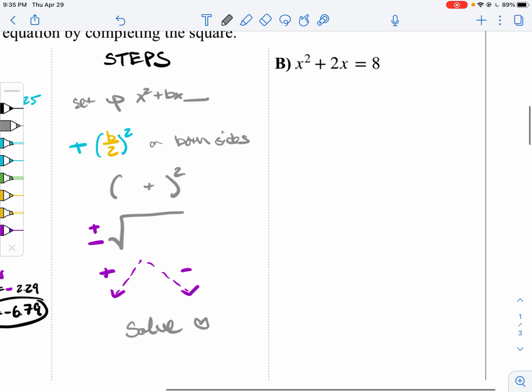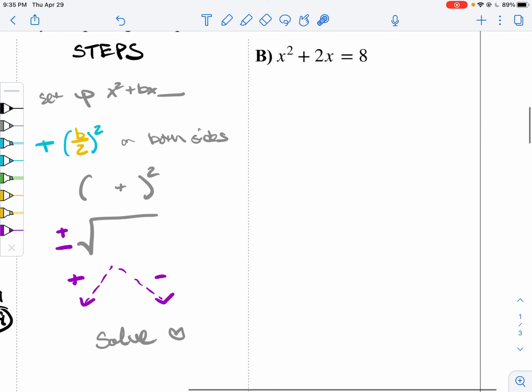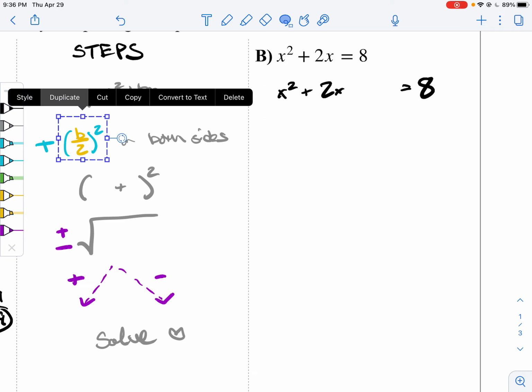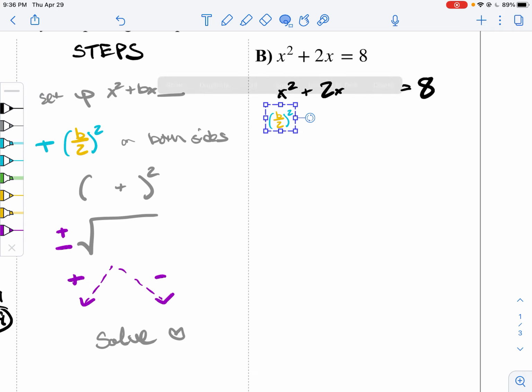Okay, here we go. Our first step, we need to set this up into x squared plus bx. Oh, hey, look, we already have that. X squared plus 2x plus something equals 8. Now we need to add our b over 2 squared to both sides.